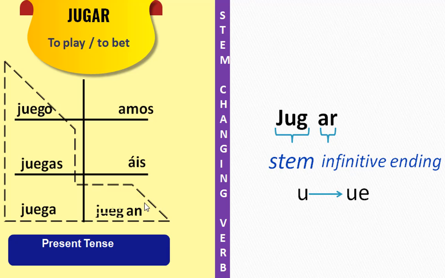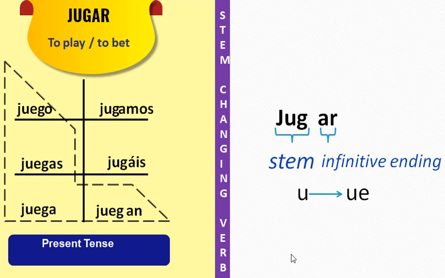They play, juegan. So you see the stem has changed in this L area. Then we play, jugamos. It remains as it is. Jugamos. You all play, jugáis. Alright, and all these conjugations are applicable again for the present tense only.